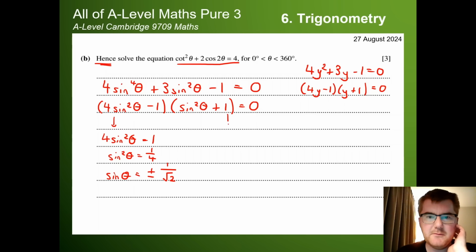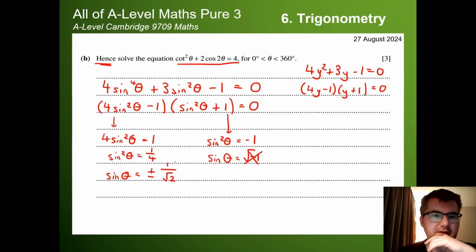And if we do the same with this one, we have sine squared theta is equal to minus 1. And if we try and square root this, again, we don't get an answer here. Okay, so we're only going to be focusing on this part here. So 1 over root 2.